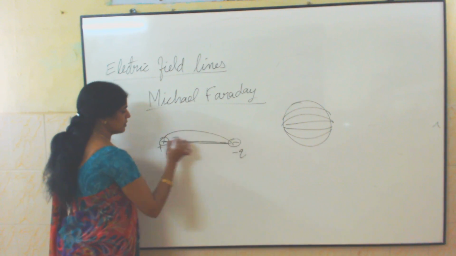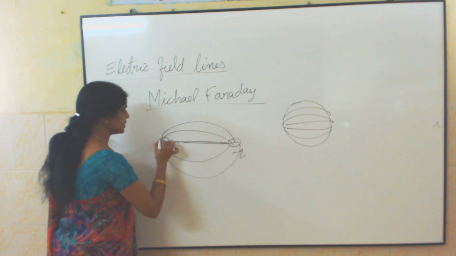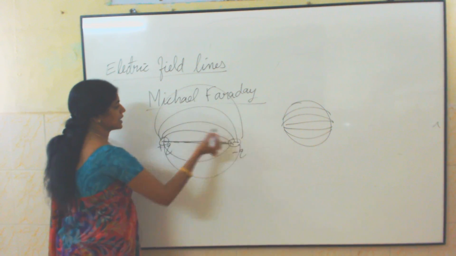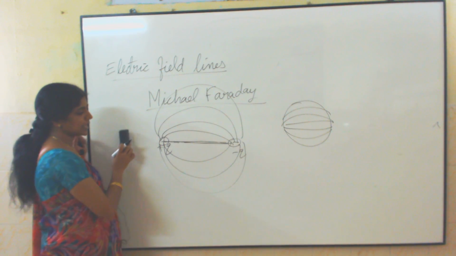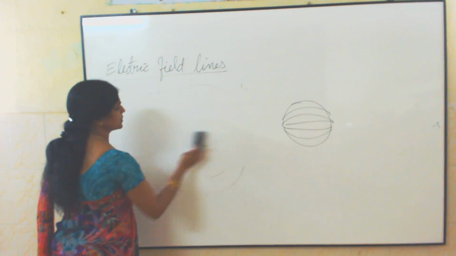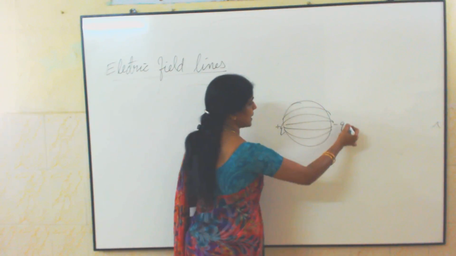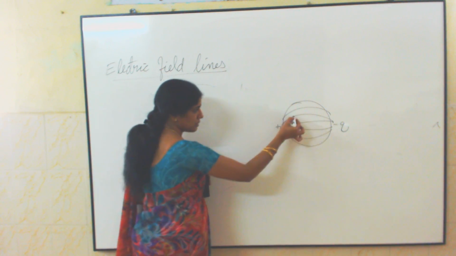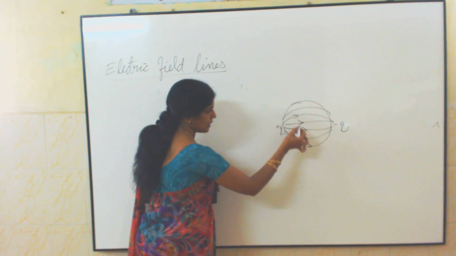Now they will never intersect with each other. These electric lines of force will never intersect with each other. Like this they will be. Which ones? The electric lines of force. These are the electric lines of force between any two charges plus Q and minus Q. They start from the positive charge and end in the negative charge.